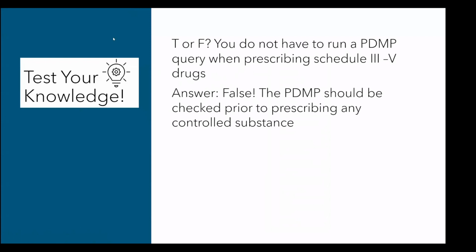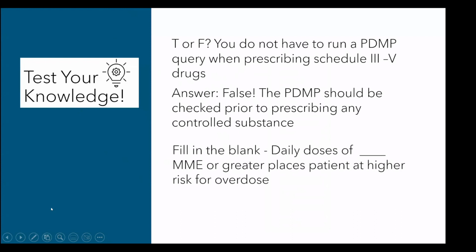It ideally should be run every time you're prescribing a controlled substance. So fill in the blank. Daily doses of blank MME or greater places a patient at high risk for overdose. And the answer here is 50 MMEs or greater.